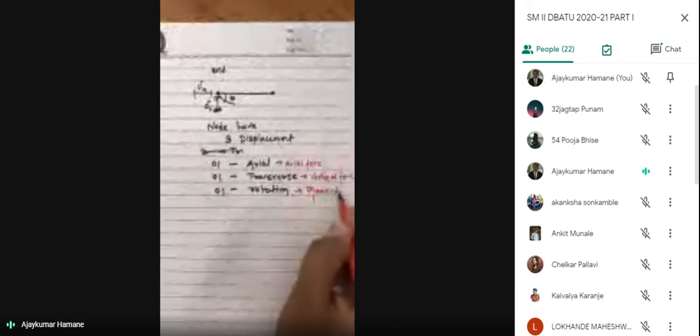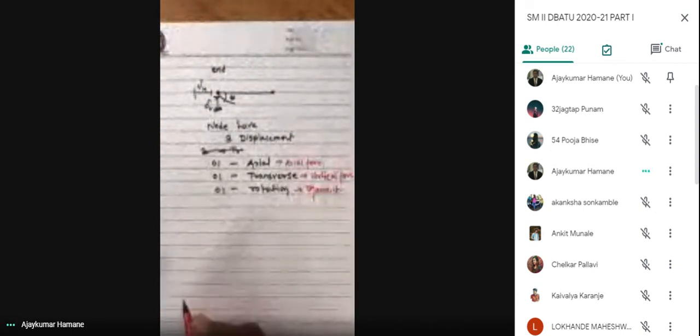When there is a moment applied, we have the rotation. So at each end we have three displacements.